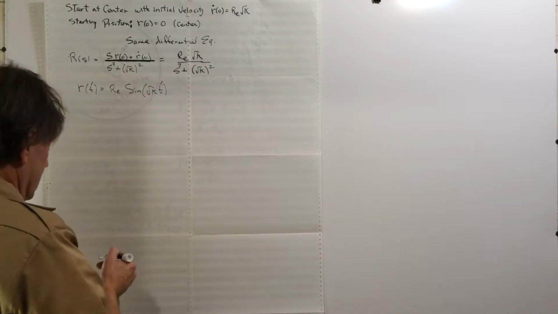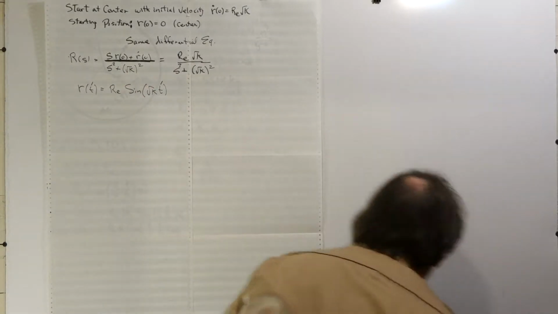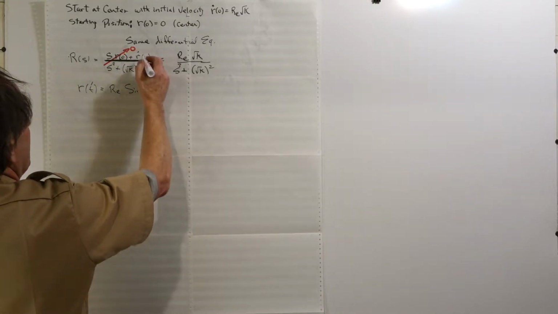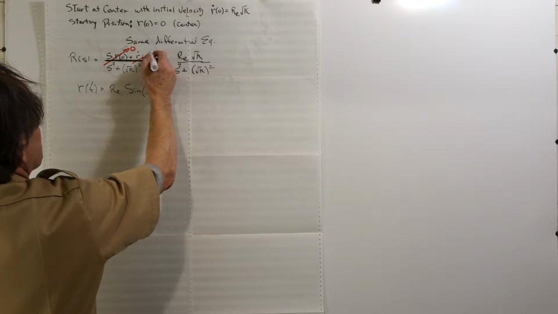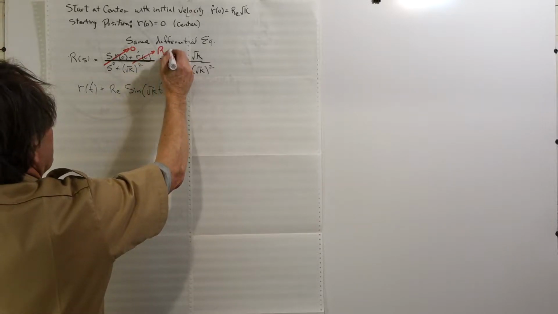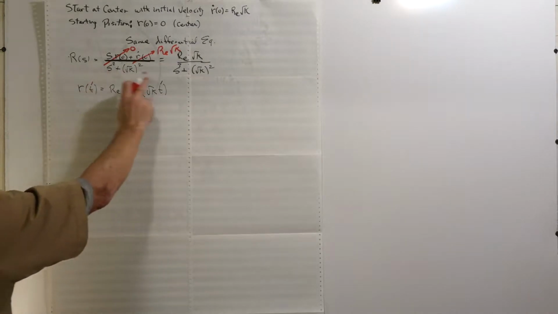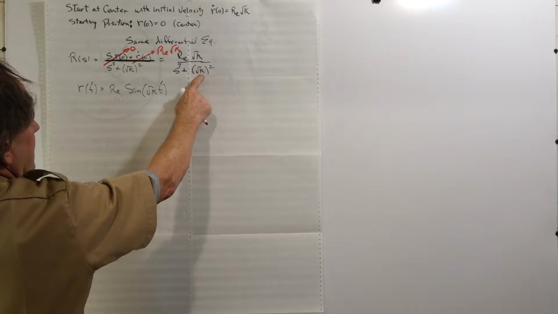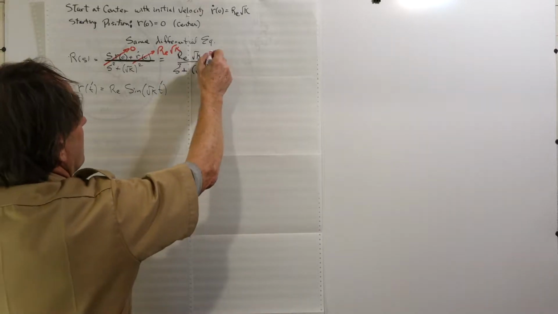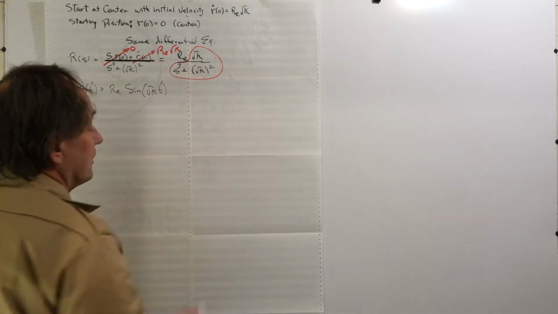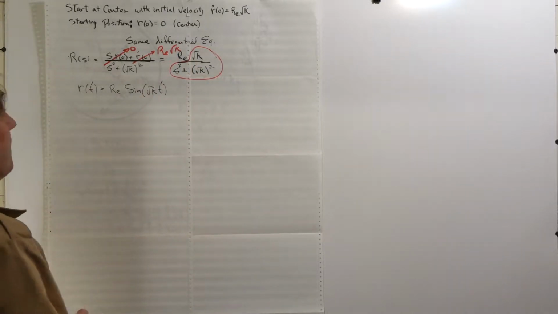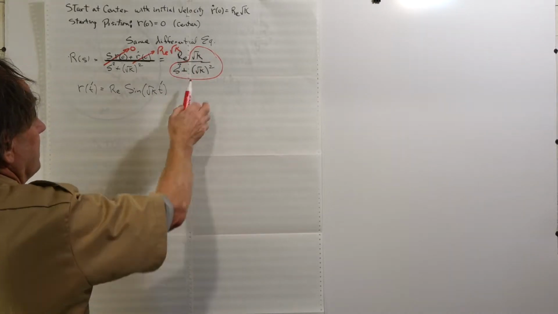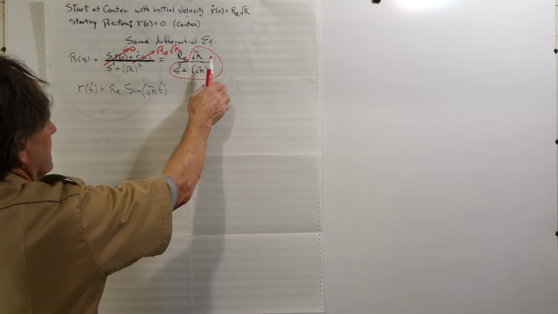Now in this new problem, R at 0 is 0, and the initial velocity goes to Re square root of k. So putting in, we get Re square root of k over s squared plus the square root of k quantity squared. Now this portion, if you look in a table of transforms, you'll find that this form is the sine of square root of k t.